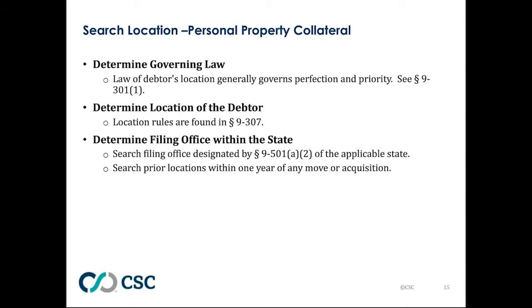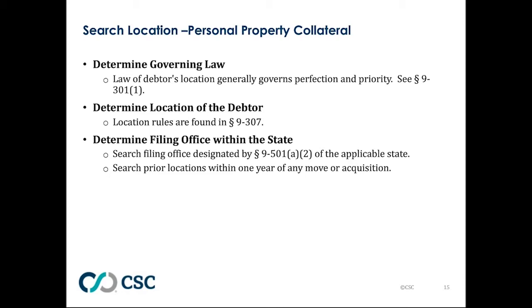Then once that jurisdiction is determined, it's necessary to determine the filing office within the state. That requires looking to Section 9-501. In the case of things like equipment and inventory and so forth, the applicable provision is Section 9-501(a)(2). That's typically going to point somebody to the central filing office of the state where the debtor is located. A word of warning: if the debtor has relocated from one state to another within the past year, it's necessary to also look in the former jurisdiction to be sure.